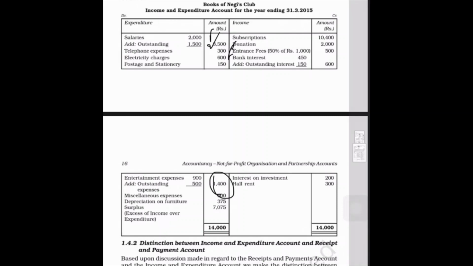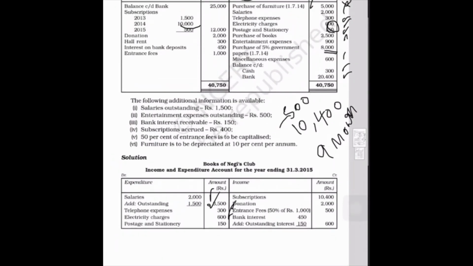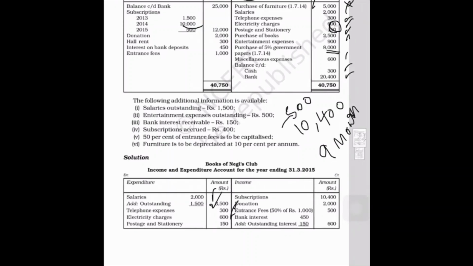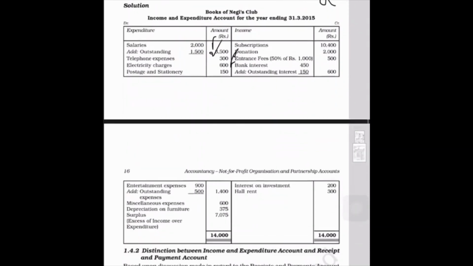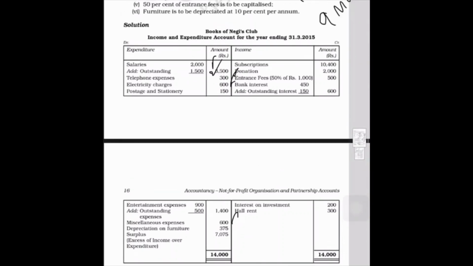And then miscellaneous expenses, because the purchase of 5% government bonds will not be taken. Miscellaneous expenses rupees 600. So miscellaneous expenses 600 full amount we will take. Depreciation we have to provide.